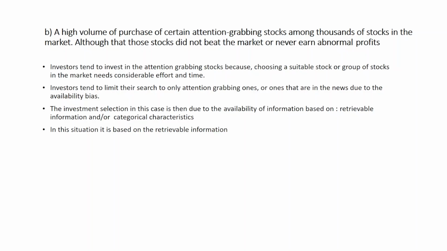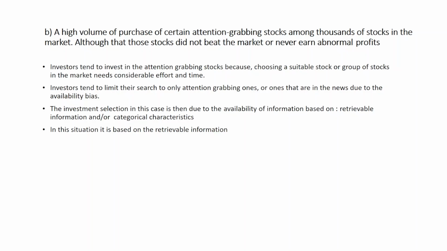The information for them is available. So they are here in this situation making the availability bias, because in this way the investment decision is limited to the available, retrievable information.